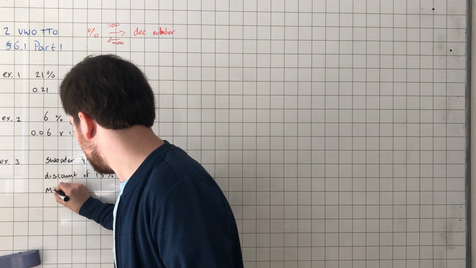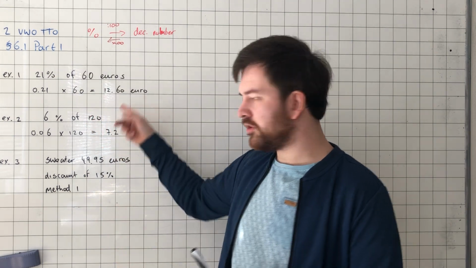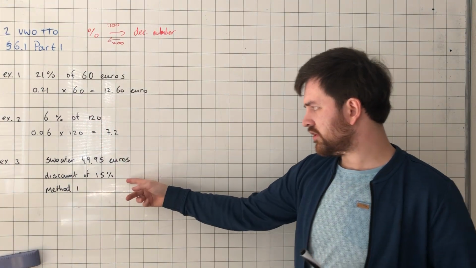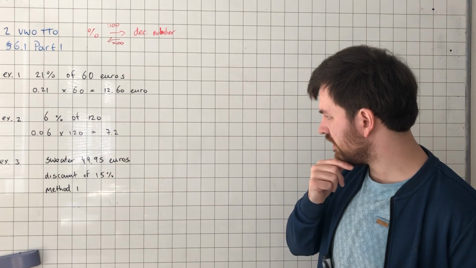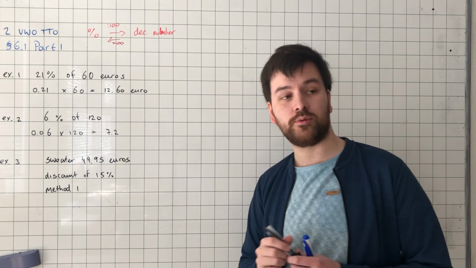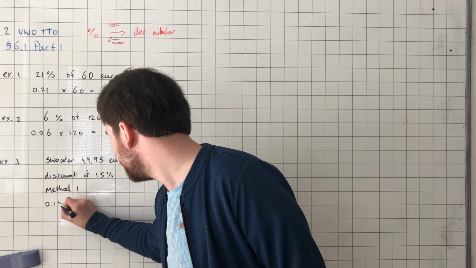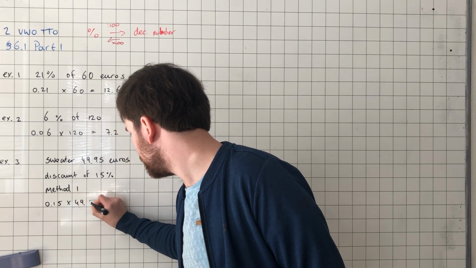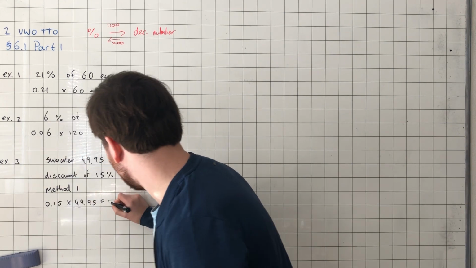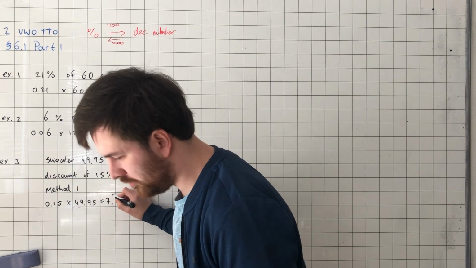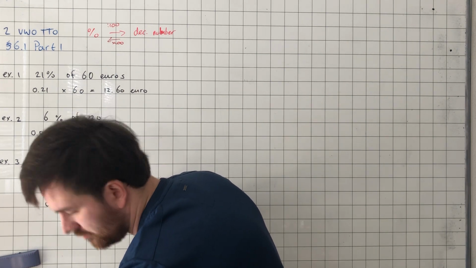Method number 1 is somewhat similar to the previous examples. First we're going to calculate 15% of 49.95. So we turn 15% into a decimal number, which is 0.15, times 49.95, which is, if you type this into your calculator, 7.4925.